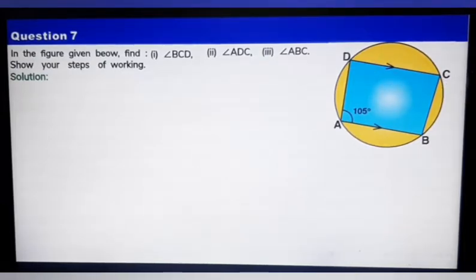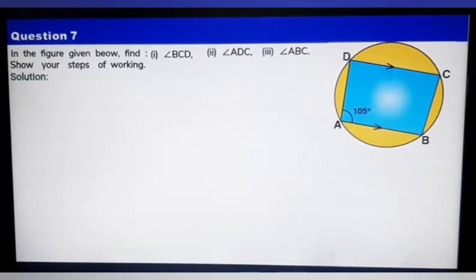Before I begin, let us observe our diagram carefully. There are two arrows given in this way, which means these two sides are parallel to each other. The next thing we observe is that ABCD is a cyclic quadrilateral, because all the vertices lie exactly on the circumference. With this, let us begin.